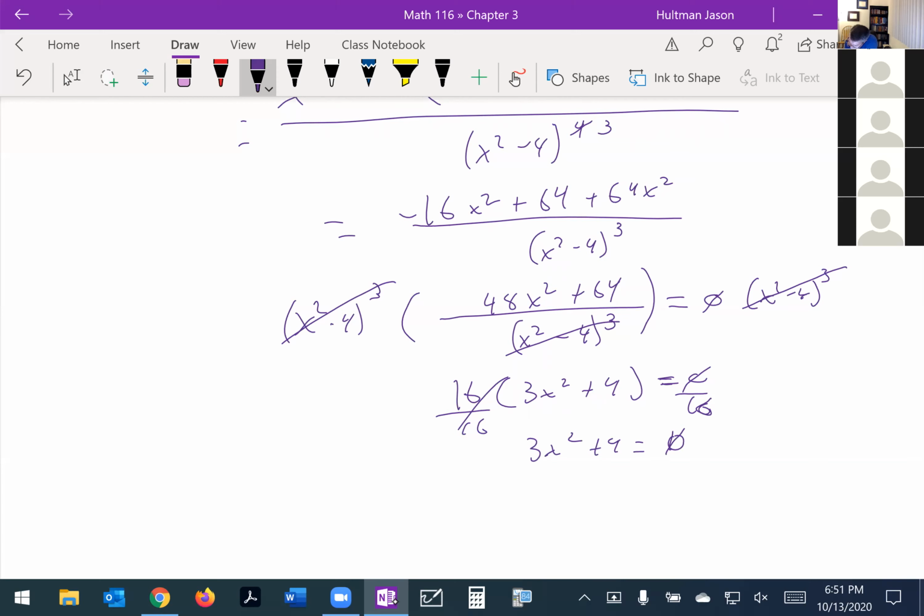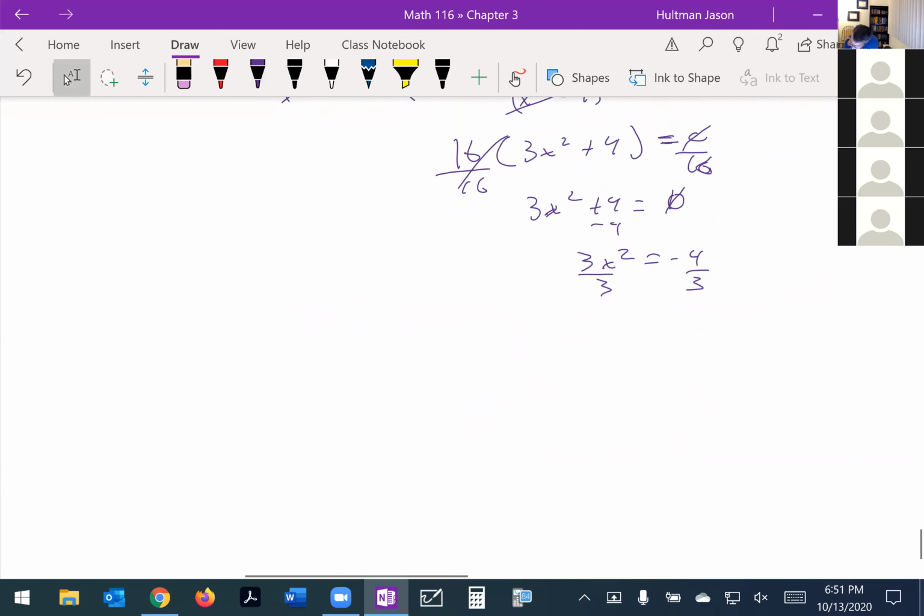Now let's subtract 4. 3x squared is equal to negative 4. Divide by 3, and we get x squared is equal to negative 4/3. If I try to take the square root of this, I get an imaginary number, and that's not going to produce any inflection points.